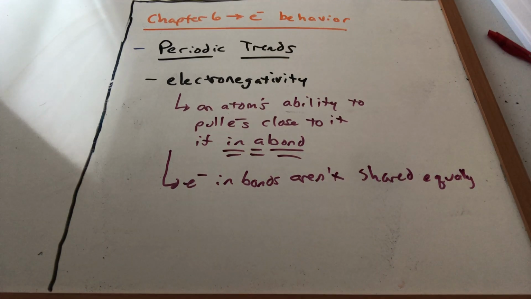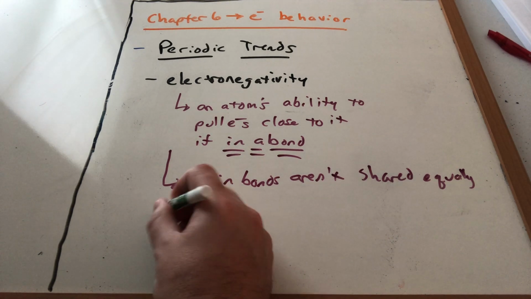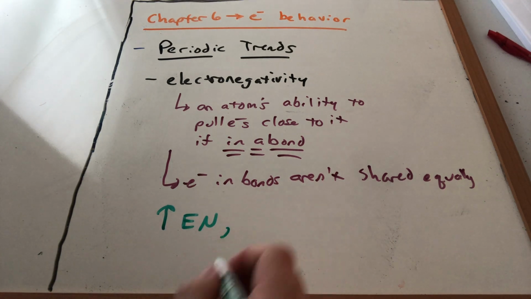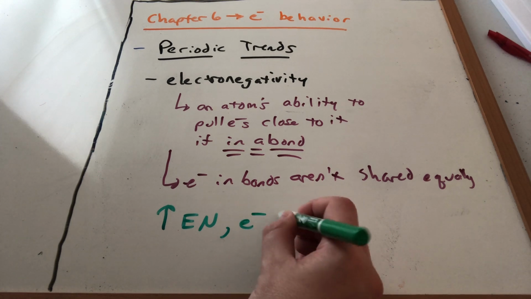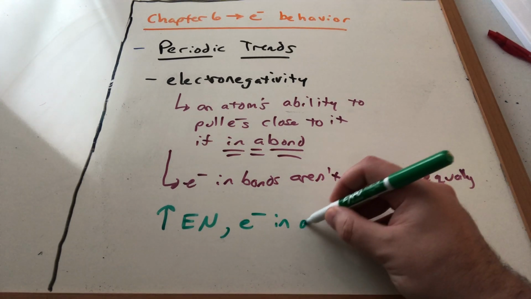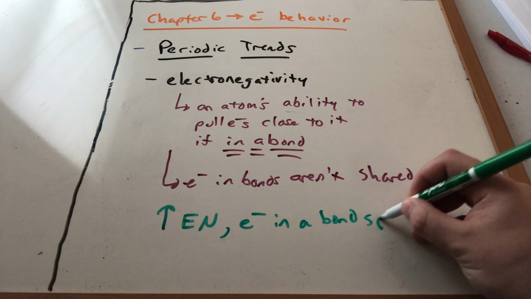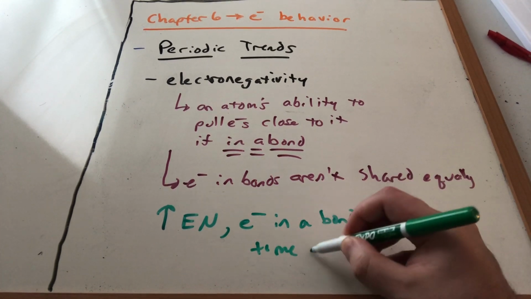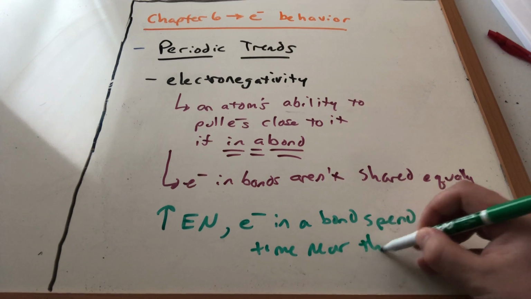Now, what happens is this idea of electronegativity tells us how that unequal sharing manifests, right? And if you have a higher electronegativity, and I'm going to use EN, right, to abbreviate electronegativity. If you have a higher electronegativity, then the electrons in a bond, right, spend more time near that atom.